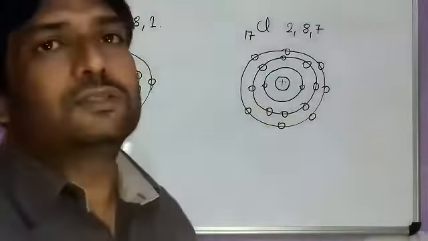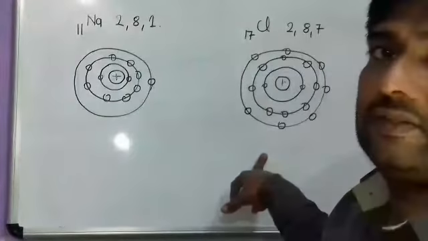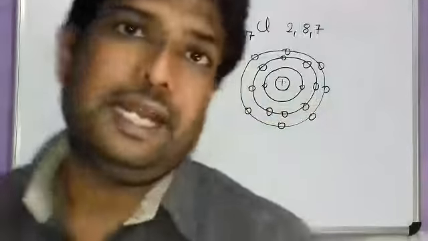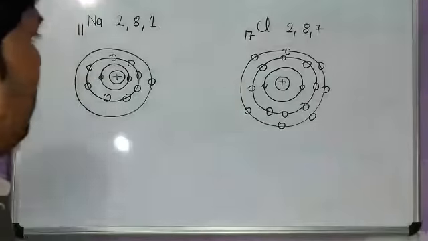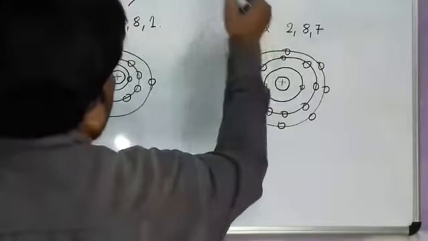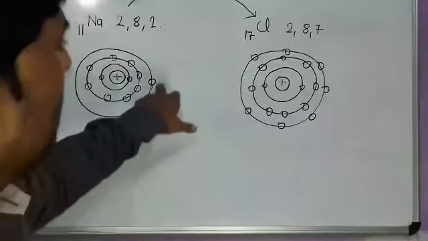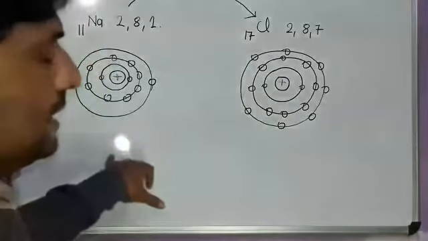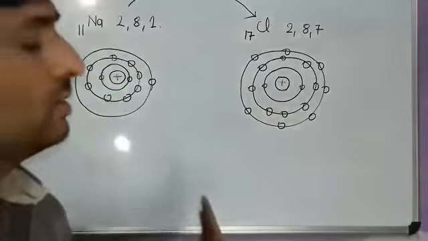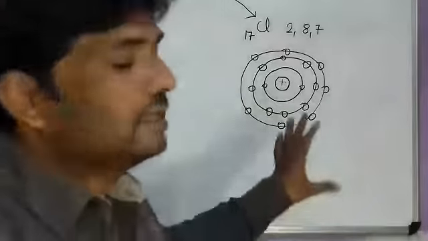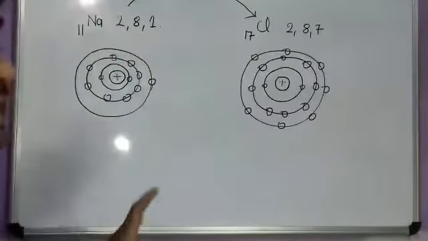So sodium donates 1 electron to get a stable configuration, and chlorine requires 1 electron to get a stable configuration. Sodium donates 1 electron to the outermost orbit of chlorine. By donating 1 electron, Na gets 1 positive charge, and chlorine gets 1 negative charge, because it gains 1 electron donated by sodium.